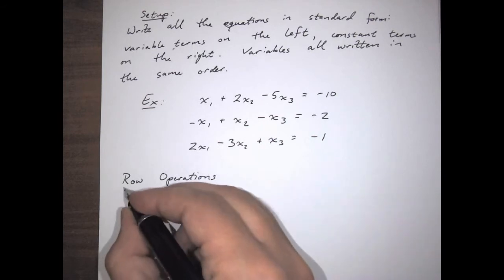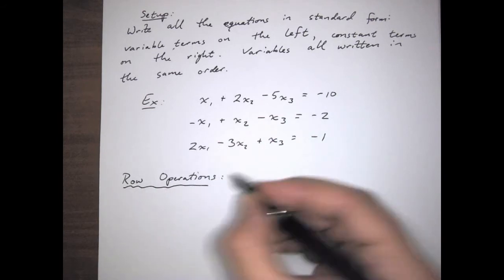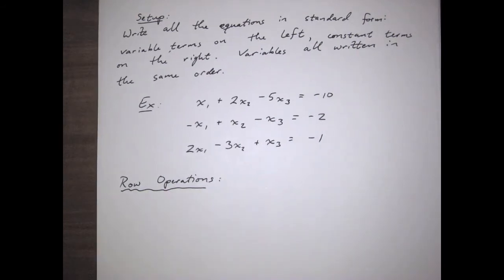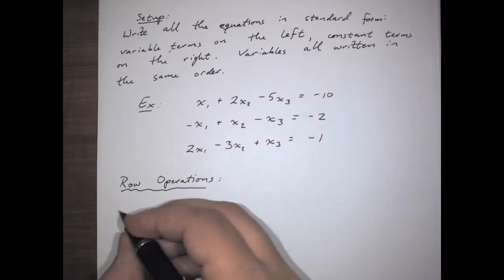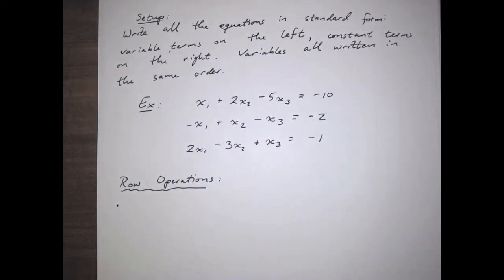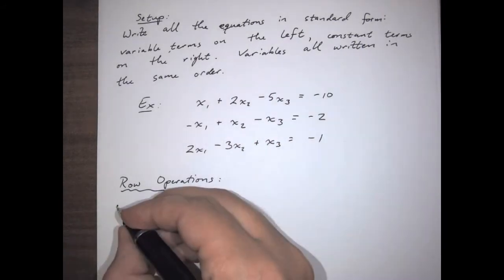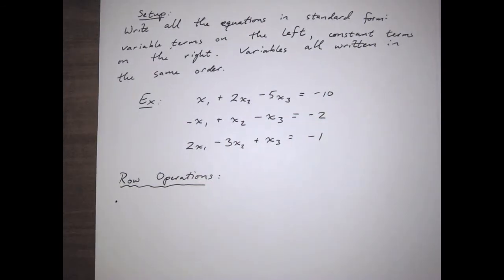And these will be the row operations that we will use in the course of row reduction. So the row operations that we are allowed to do will be the three following categories. And it turns out that these three operations are enough to solve all solvable systems of equations. If there's no solution, then that's another matter. But if there is a solution, these three operations will be enough to find it.